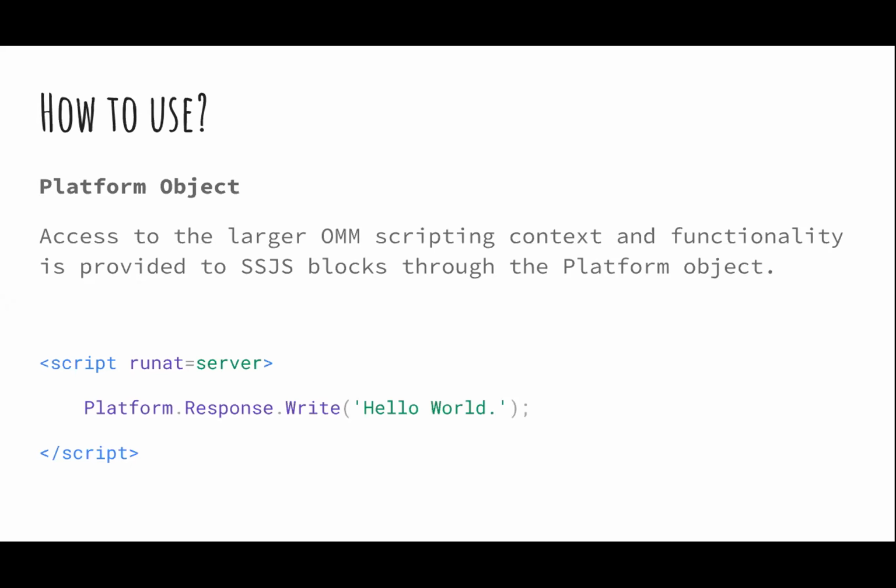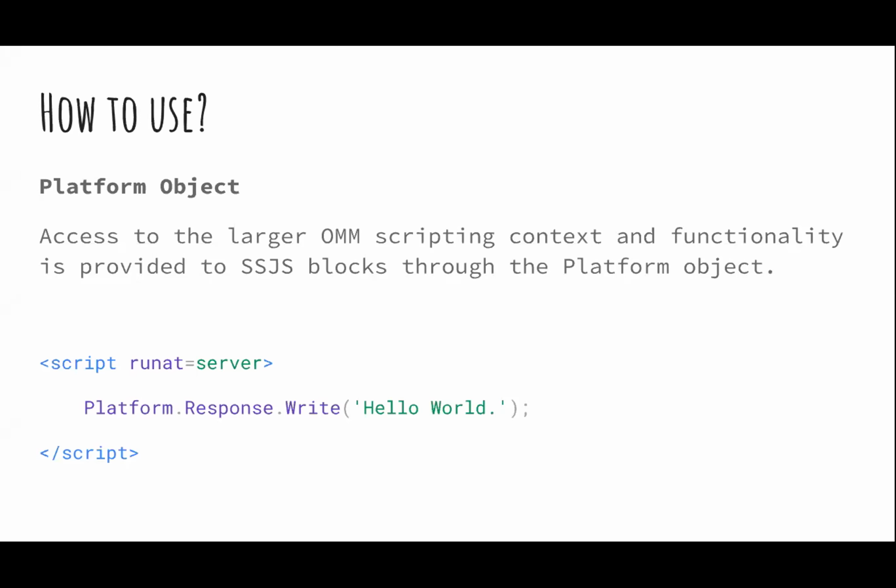The platform object is standard to SSJS, and allows you to use certain functions to interact with Marketing Cloud. It gives access to that larger context, to interact with the platform itself.